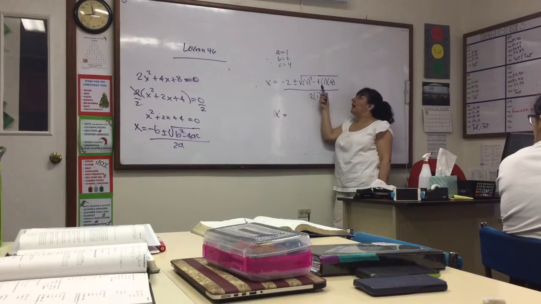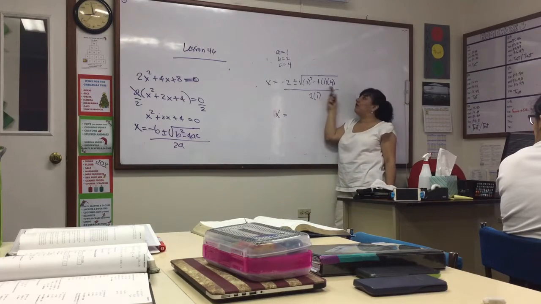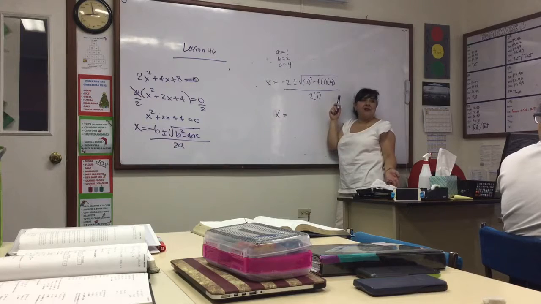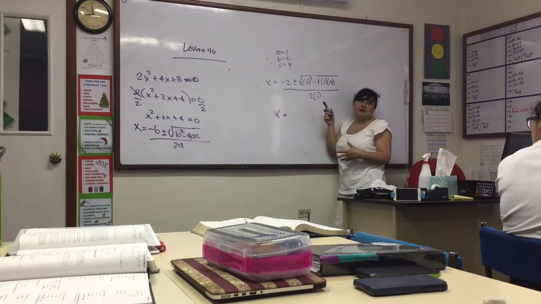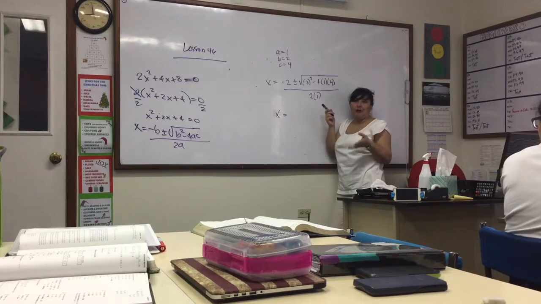This is a 4, and just by looking at this, I know that this second part is going to be larger than this part, because I've got a 4 times 4. So it's going to be a negative number. And if it's a negative number under a square root, it's going to be imaginary. And if it's imaginary, this is going to be complex. And that is why the title was Complex Roots.